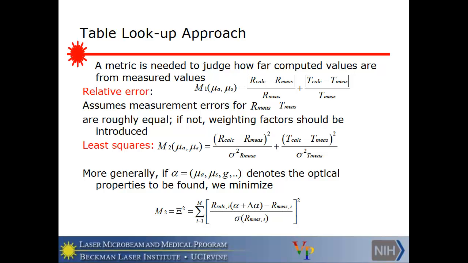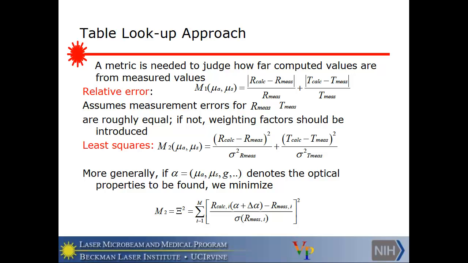You need a metric if you're going to decide how good the fit is. So usually you find a relative error of some sort, where the calculated value and the measured value, one is subtracted from the other, and the absolute value is taken. You divide by the measured values in both cases. And this assumes that the measurement errors are roughly equal.